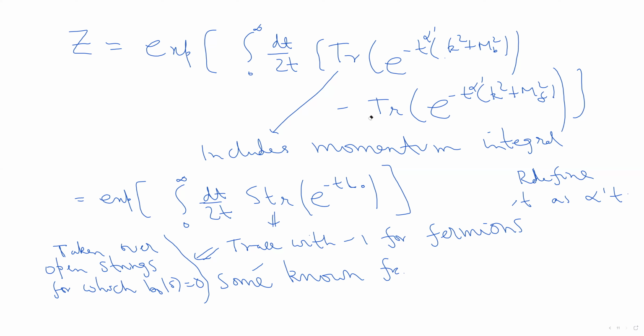The way to understand this from the determinant perspective is that when you calculate this determinant, the determinant has to be calculated after gauge fixing. The gauge fixing basically restricts the open string states to those annihilated by B0.